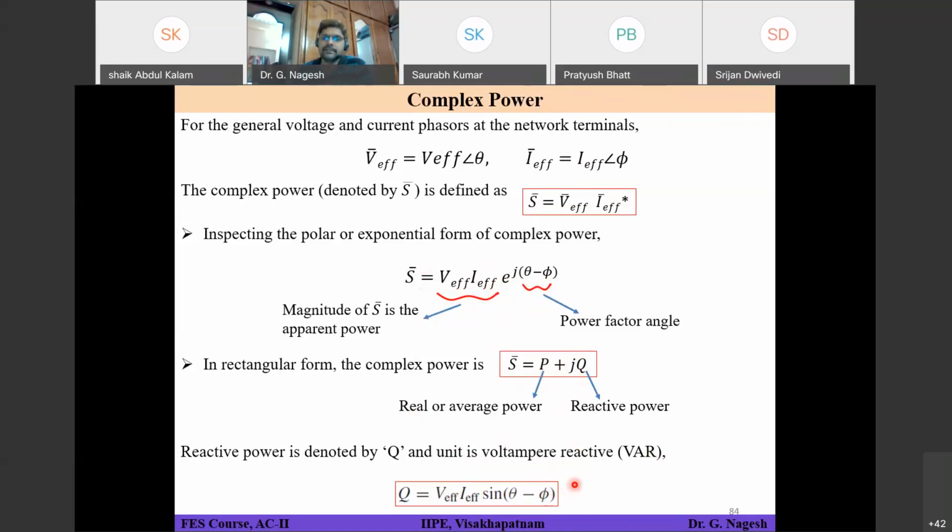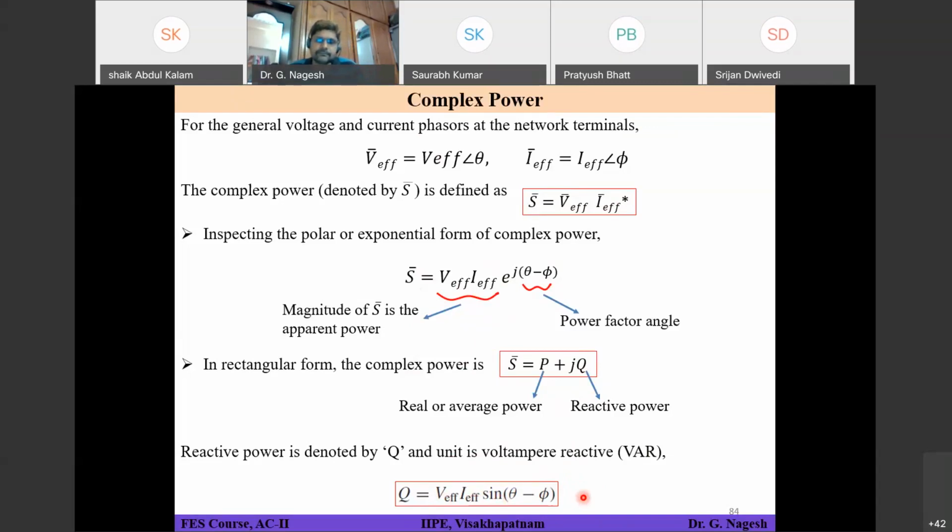So the complex power can be defined as V into I conjugate. If you write it in exponential form and then in rectangular form, you can say complex power equals real power plus j into reactive power, which is nothing but Q. Q is equal to V effective into I effective into sine of theta minus phi.